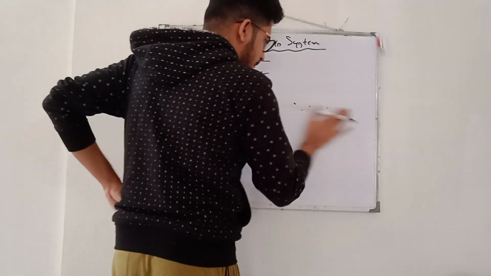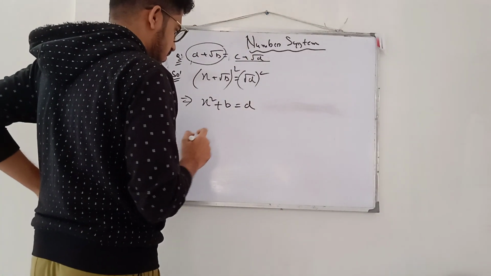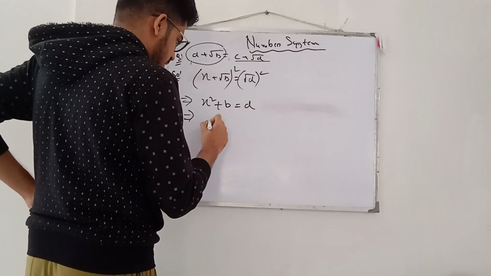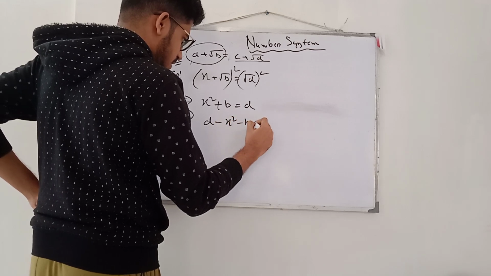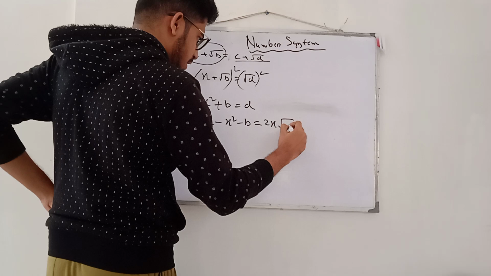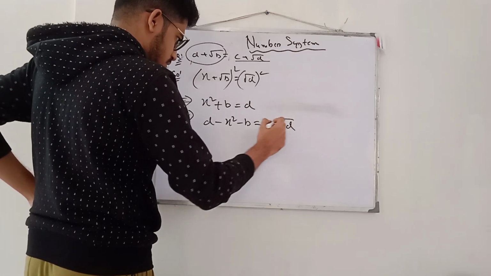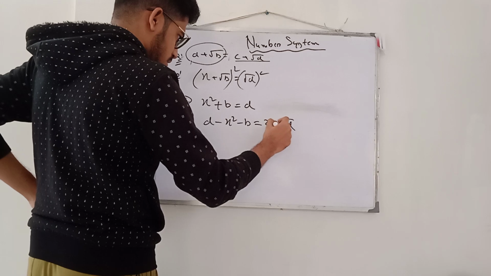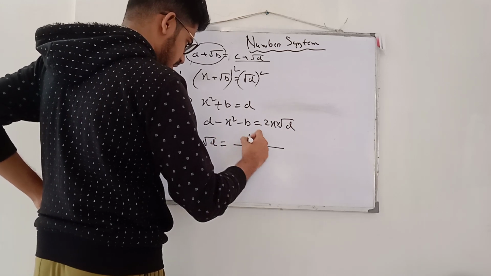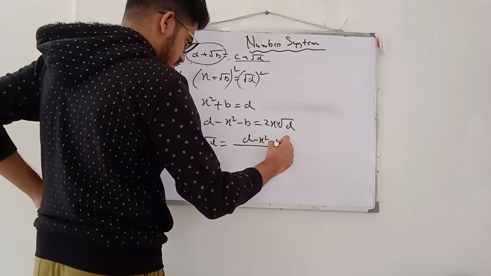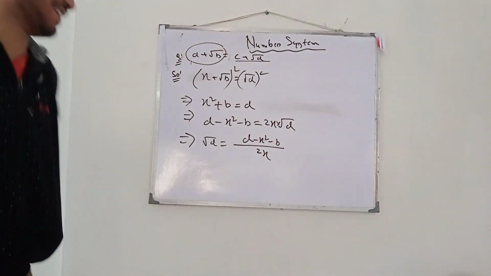No, suppose d minus x square minus b is 2x root d. Then root d now can be rational.